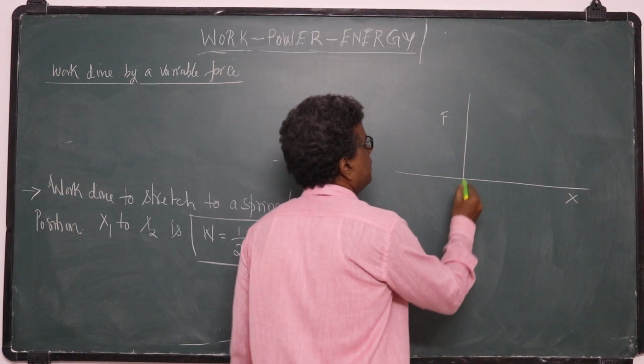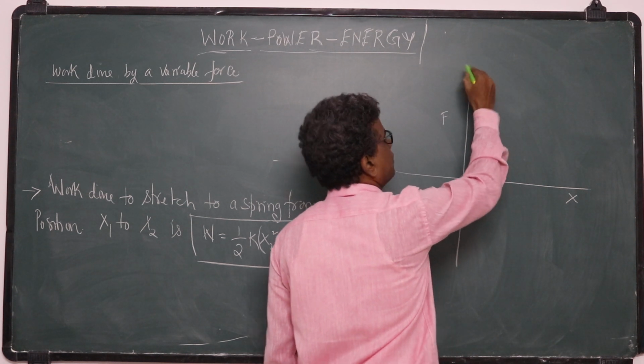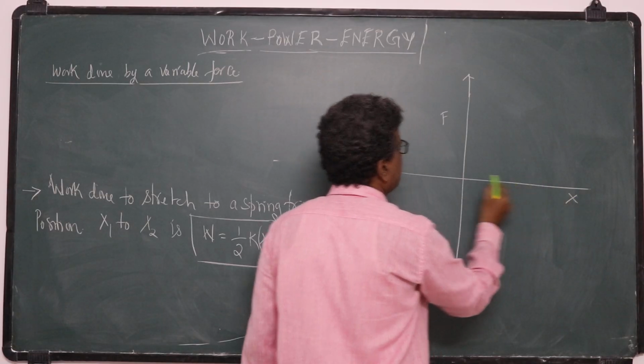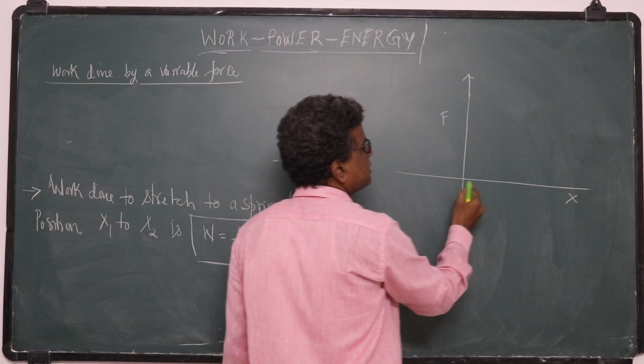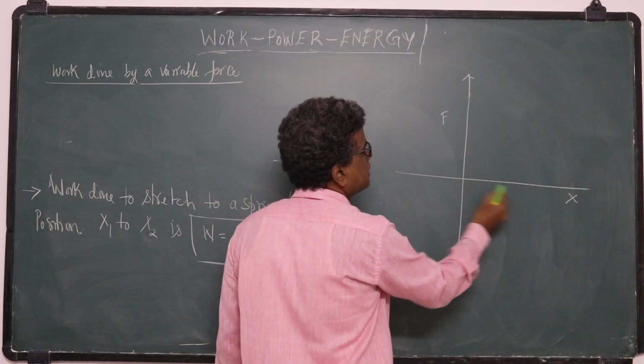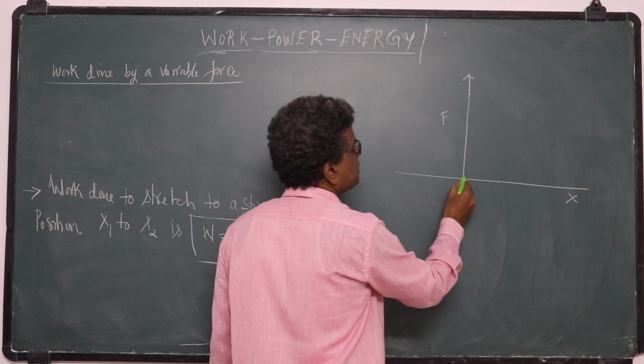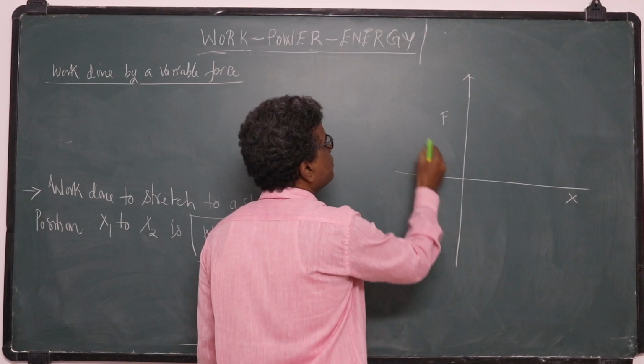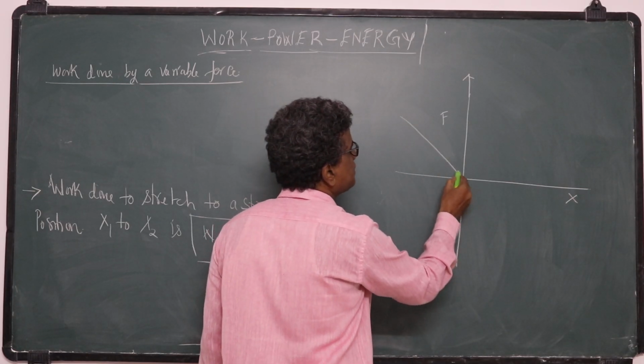So here Fx, force into displacement. Okay, so this force is a variable force. As the force and displacement are in opposite directions, the force is positive and displacement is negative.